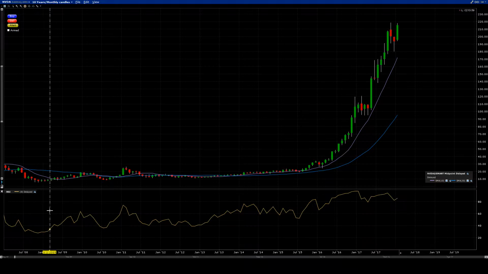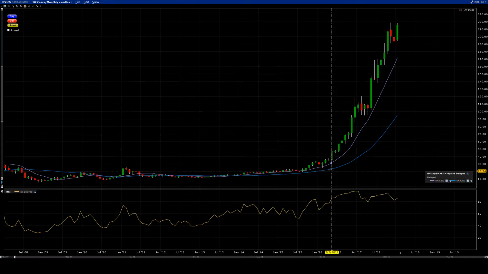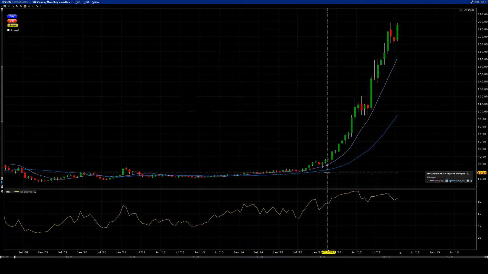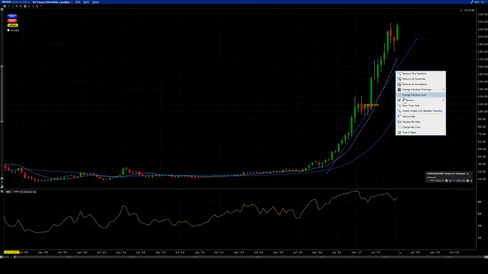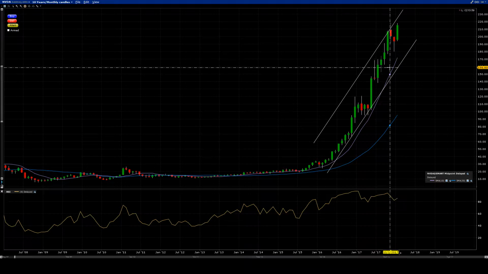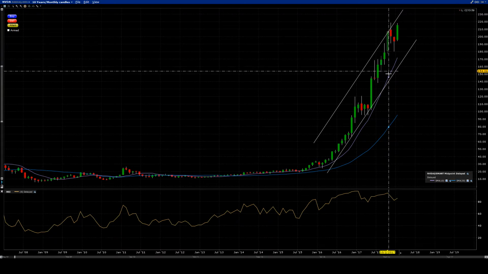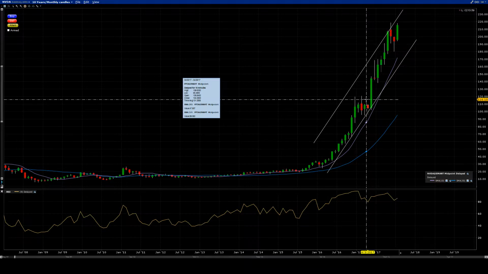I'm going to remove this. All right. So right now, this exploded. This very vertical trend line. If I were to try to do a channel here, it's too vertical. They're valid ascending channels, but I don't like that angle. It's too abrupt. I give it less value.